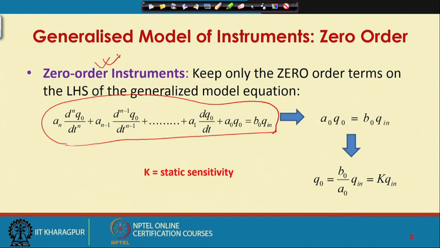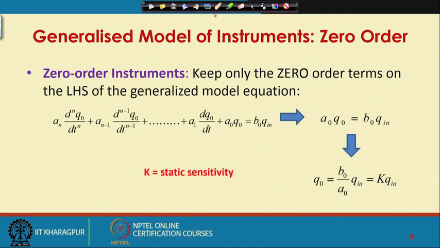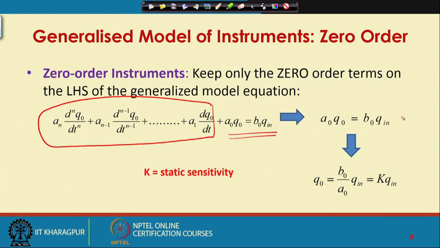Only this is the 0 order term, this is the first order term, this will be the second order term, and so on. So, if I retain only the 0 order term, I will drop this entire part and we will have only this: a_0 q_0 is b_0 q_in.